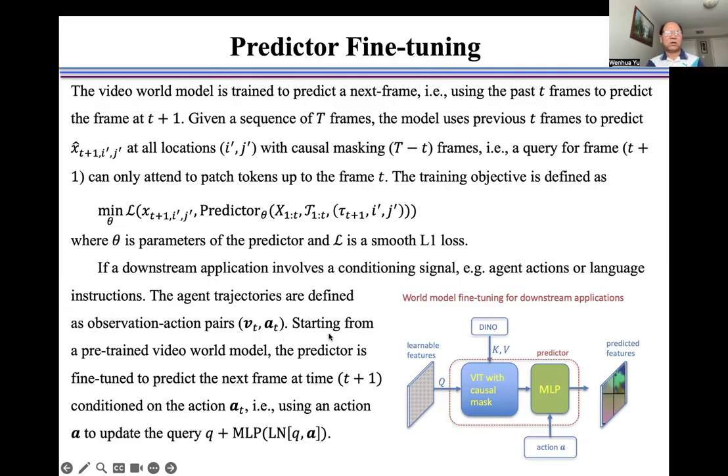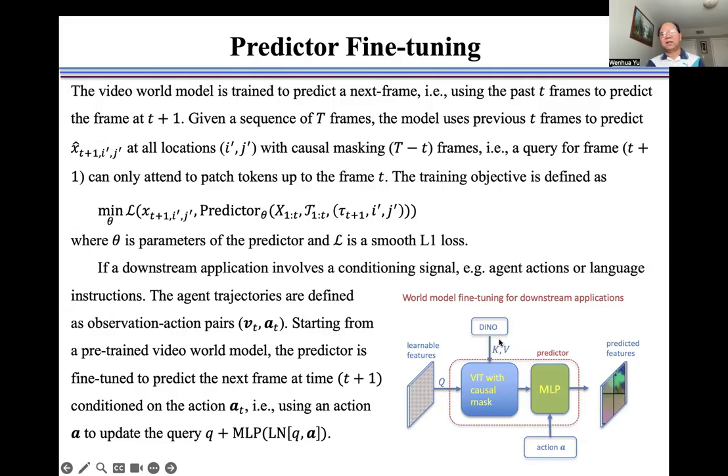Starting from a pre-trained video world model, the predictor is fine-tuned to predict the next frame at a time t+1, conditioned on the action at a time t, namely using action A to update the query Q, as shown here.